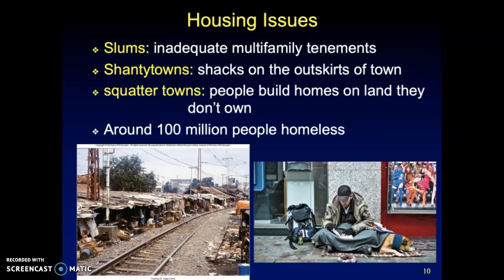They just build a house. And then somebody else builds one, and somebody else builds one. And all of a sudden you have this little town pop up, and people are scratching their heads going, where'd they come from? Somebody started and somebody else jumped in, and all of a sudden you have a dozen, two dozen, three dozen homes in a small area on land that's not owned by these people.